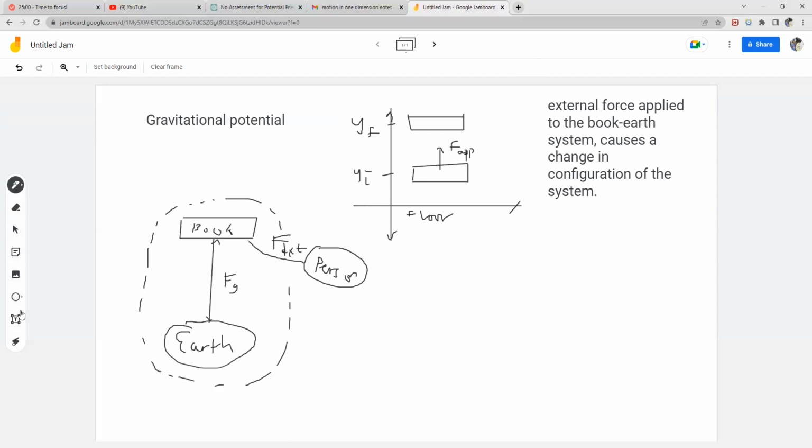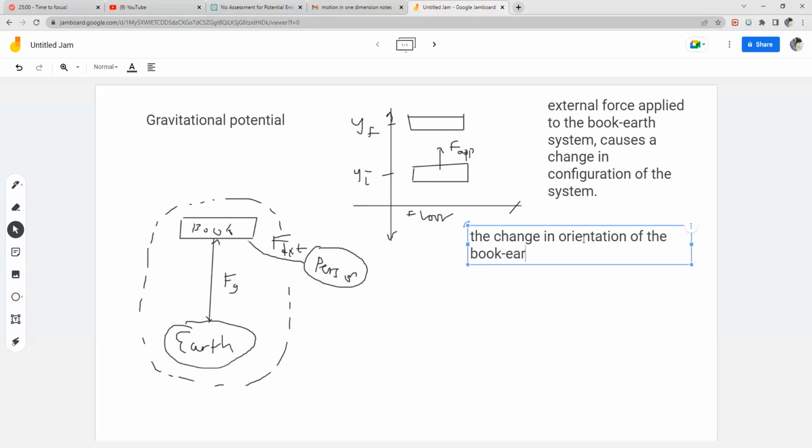So the change in orientation, let me write that down. Change in orientation of the book-Earth system results in a change in gravitational potential energy of the system.